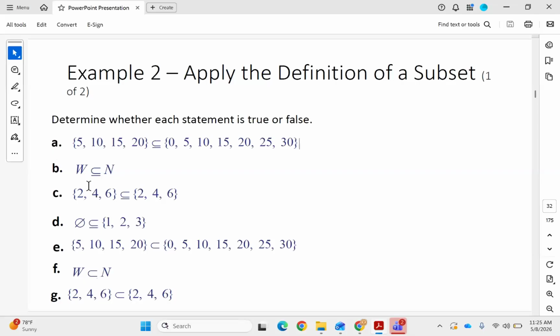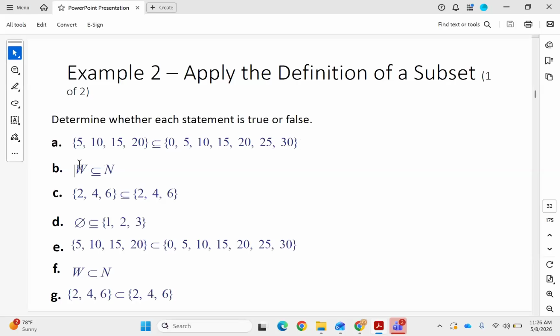B is one of those questions where you need to remember the definitions. So W represents the whole numbers, which is 0, 1, 2, 3, all the way to infinity. And the natural numbers do not contain zero, so it's 1, 2, 3, 4, 5, and all the way to infinity.